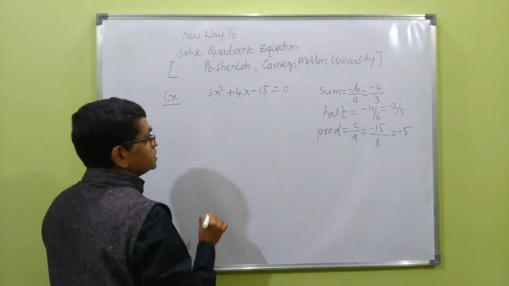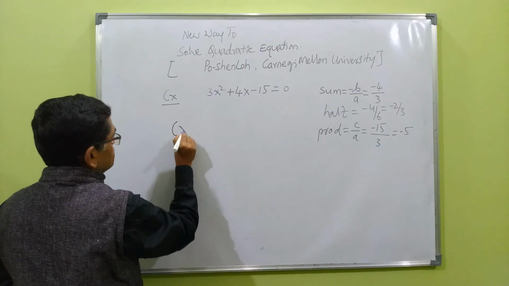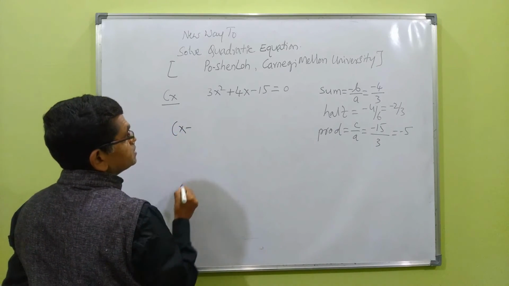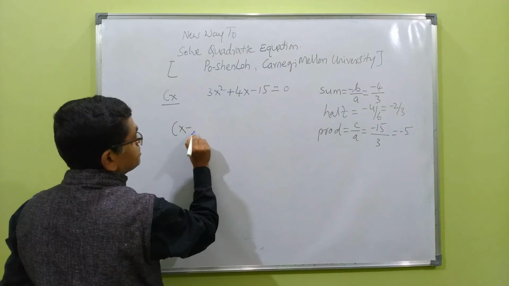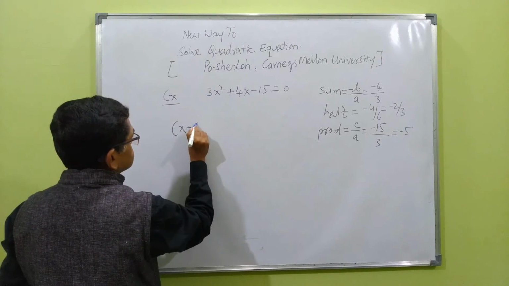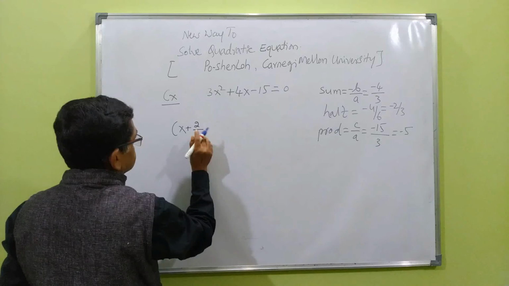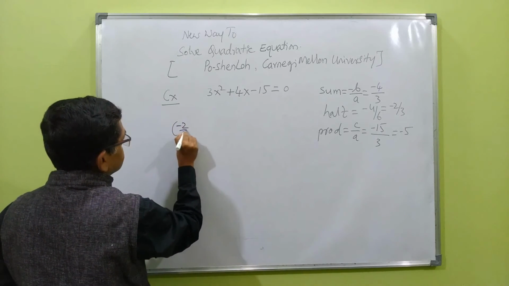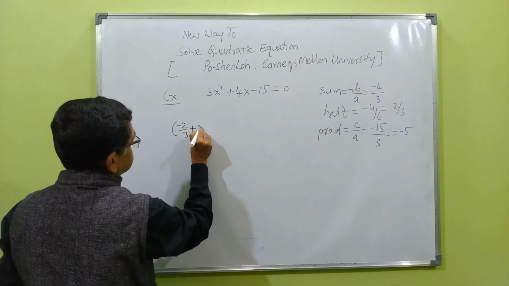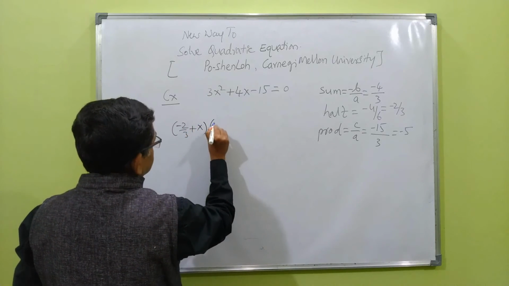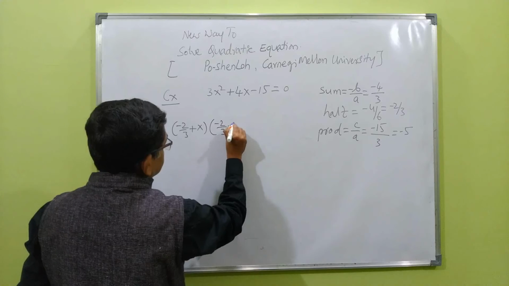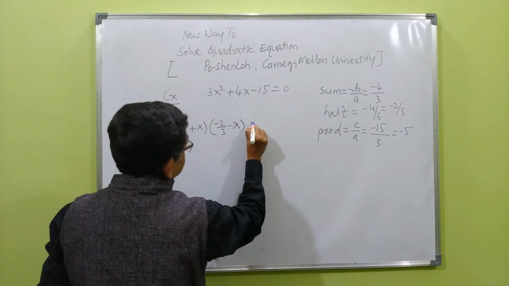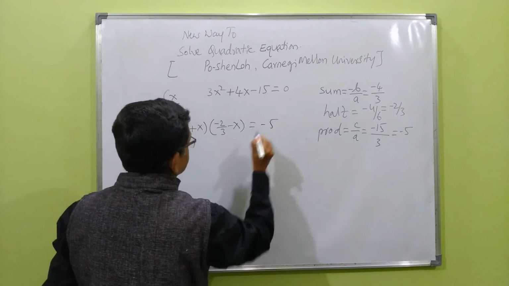Okay, now the equation is x minus 2 by 3, minus of minus means plus 2 by 3, minus 2 by 3 plus x into minus 2 by 3 minus x is equal to minus 5.